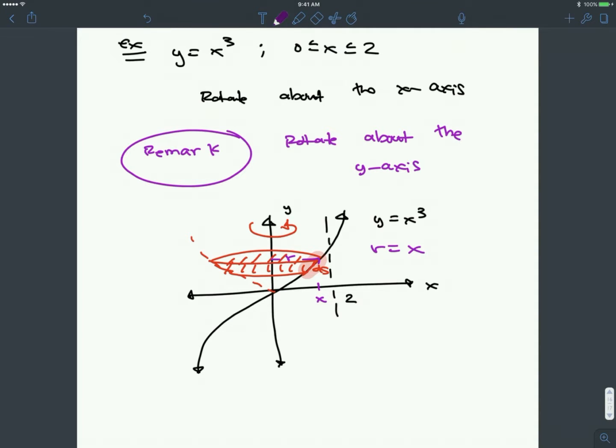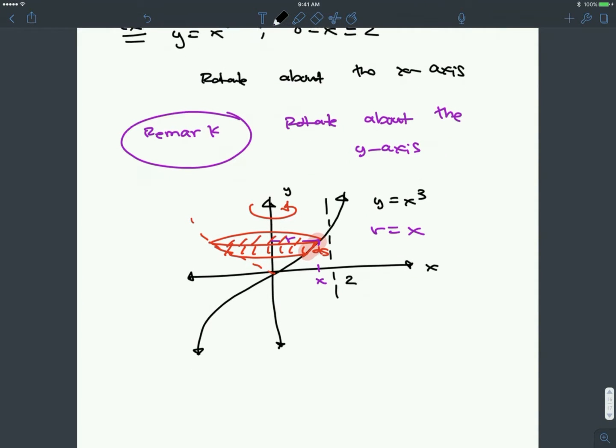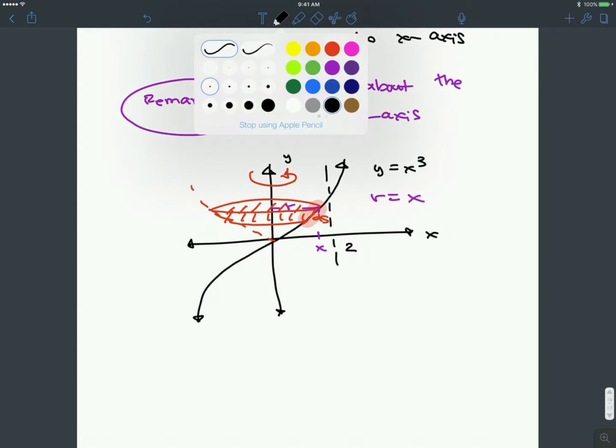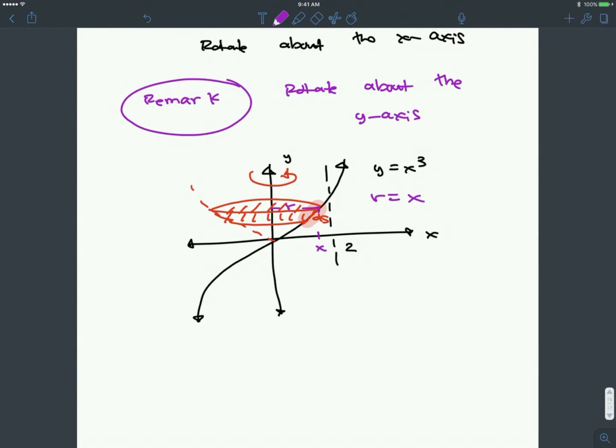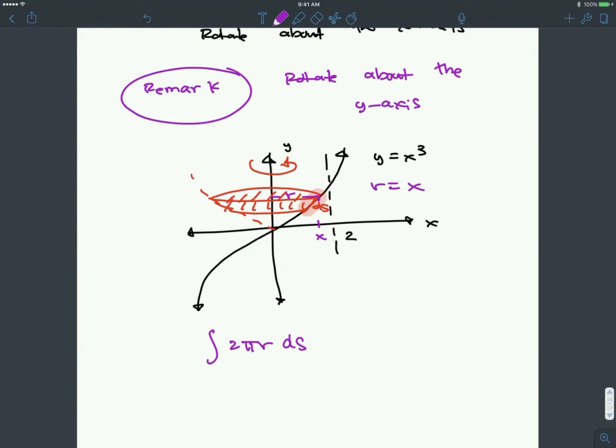So here's my radius, so that when I look at my integral now for the surface area, and I'll put this all in purple, I guess, the integral of 2 pi r ds. We know that the radius here is x. So I'm going to replace my radius with x. Now the question is going to become, what ds do I use?